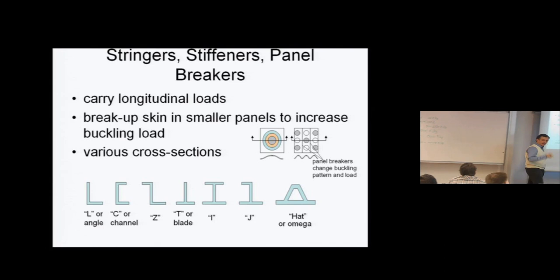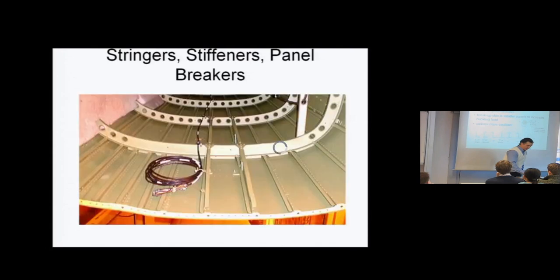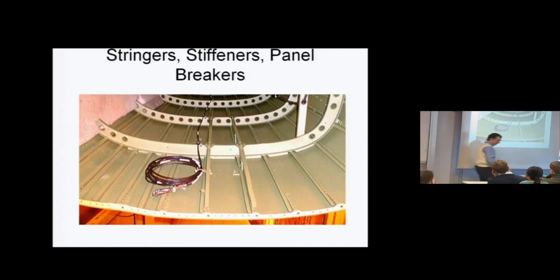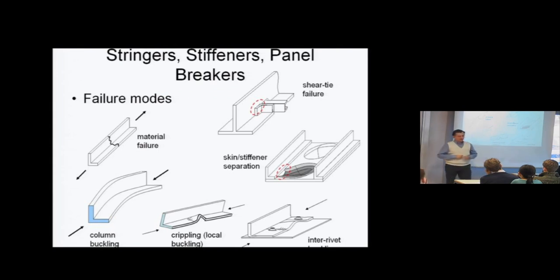You don't need to make them stiff enough to carry a lot of load, but you can make them barely stiff enough to keep the skin from buckling in between the stiffeners. So that's just what it might look like in reality. You've seen those at the hangar anyway, I'm pretty sure.